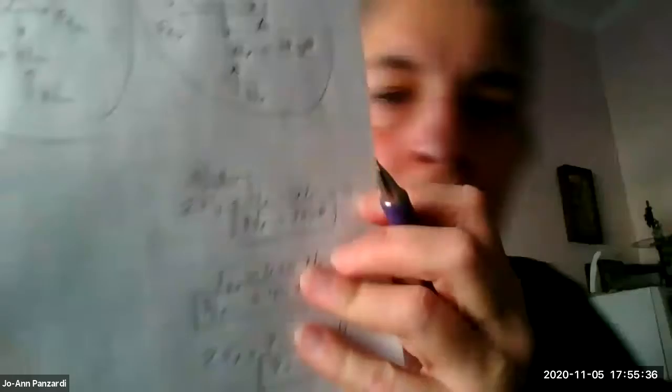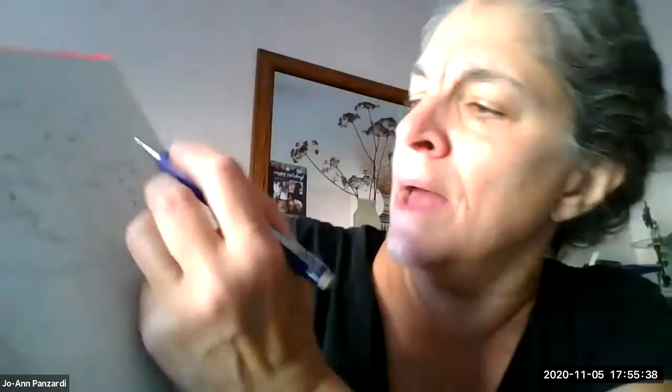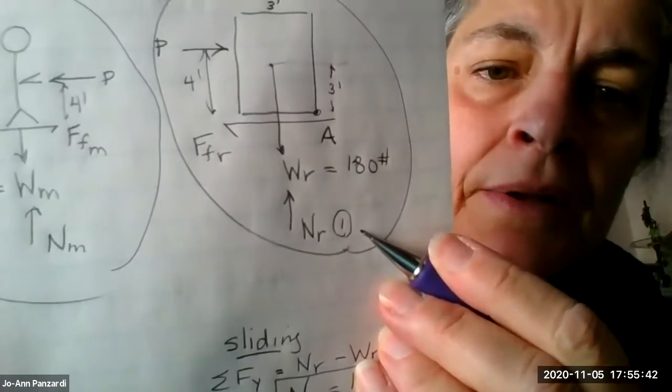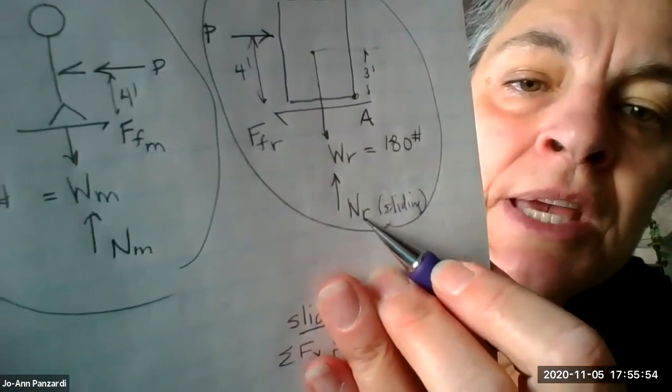And I mean, if you don't want to draw, look, hang on a second. Rather than spending the time drawing it, how about we do this? For situation 1, my normal is here. For, let's say, sliding, my normal is here.